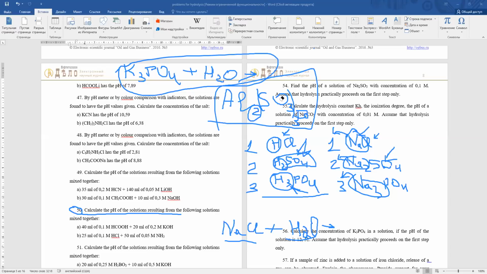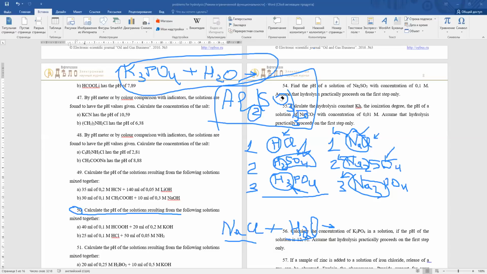Because in practical life, the hydrolysis reaction cannot occur fast when it comes to multiple step salts, because it requires energy. For the first step, the energy is enough, but the second step is not enough.